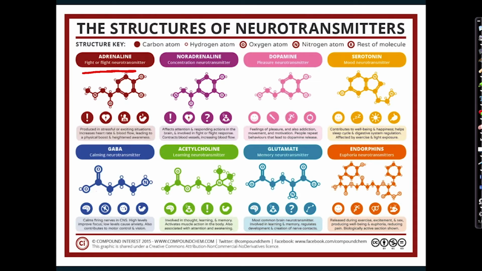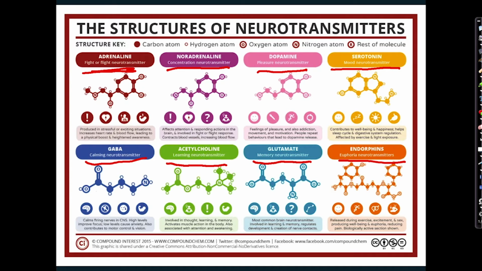Noradrenaline, maybe you've heard of that as well. Dopamine, serotonin, you almost certainly will have heard of. This one called GABA. It's not a type of dance music. Well, it is a type of dance music, but it's also a neurotransmitter. Acetylcholine, glutamate, and endorphins.